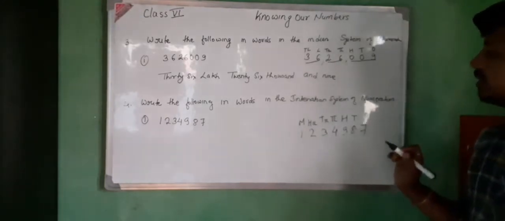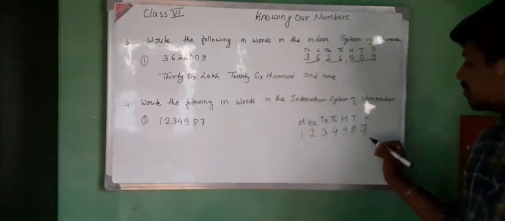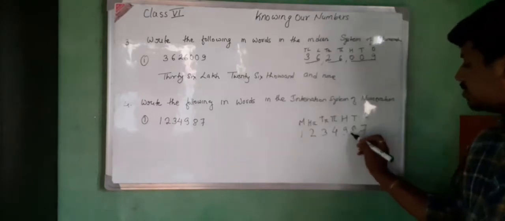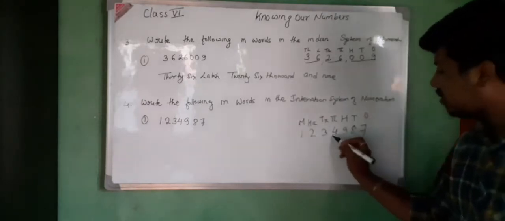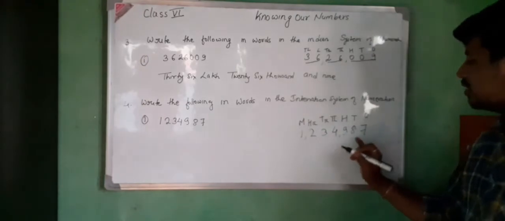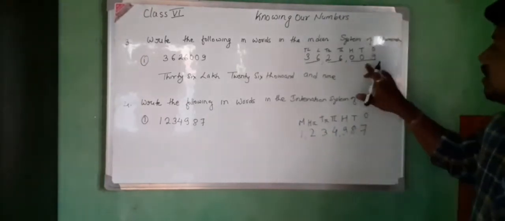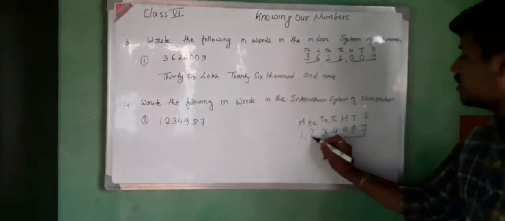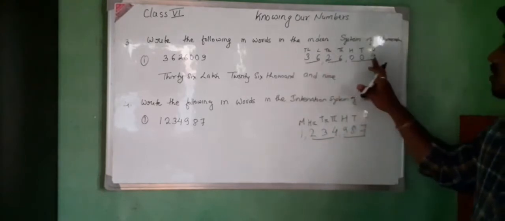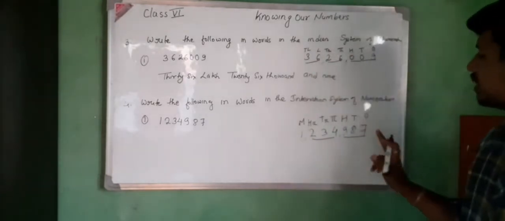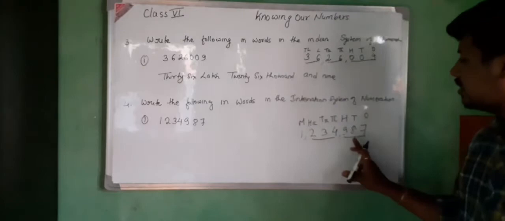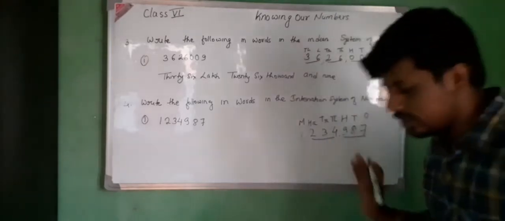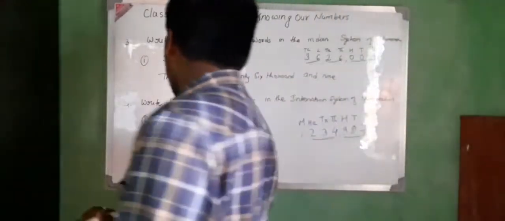In case of the international system, you have to see the first 3 digits, 1, 2, 3. Put the comma. Again you have to follow 3 digits, 3 digits, 3 digits. But in case of the Indian system, 3 digits, after that 2, 2. In case of the international system, it is 3 digits, 3 digits and 3 digits.